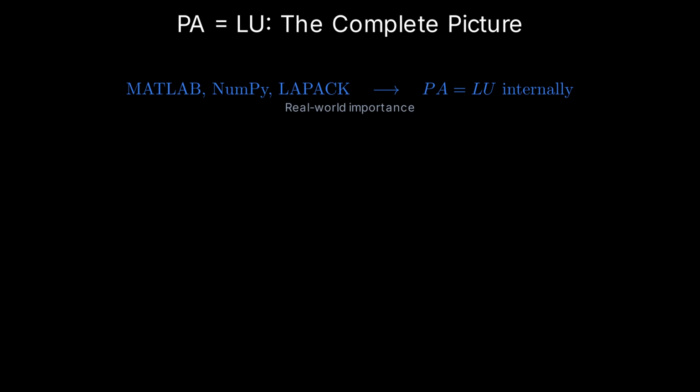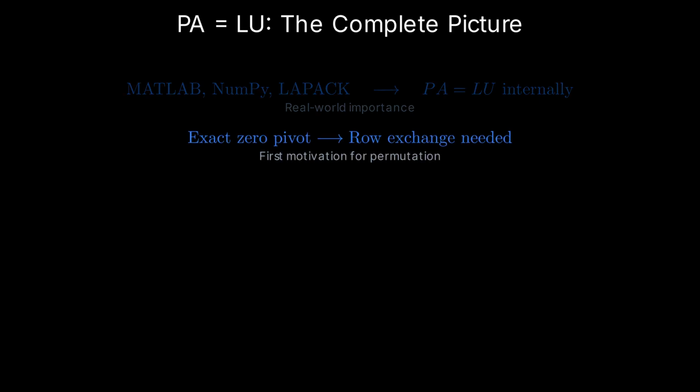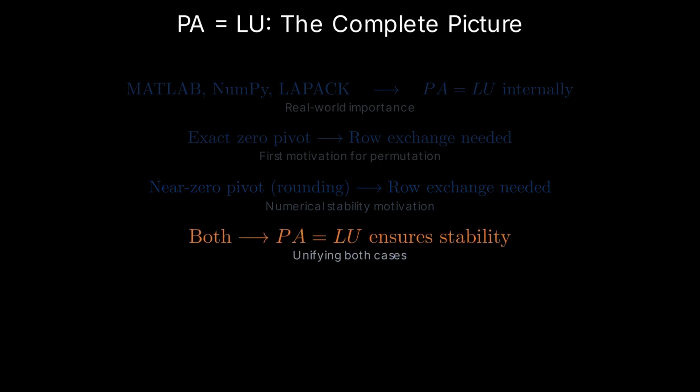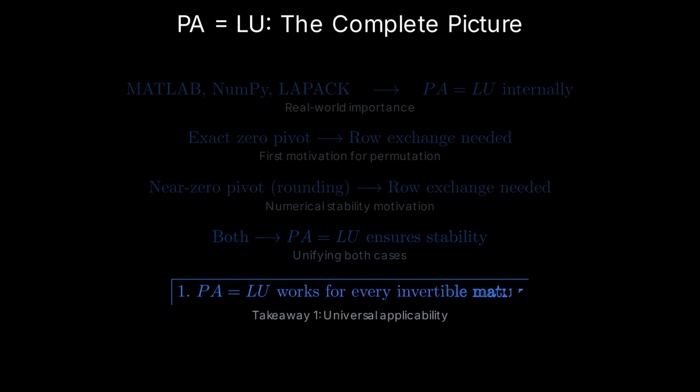Here's why this matters in practice. Rounding errors can make a pivot effectively zero, even when it's technically non-zero. Whether we encounter an exact zero pivot or a near zero pivot due to rounding, the solution is the same. A row exchange is needed. PA equals LU ensures stability through partial pivoting. Let's summarize the three key takeaways.